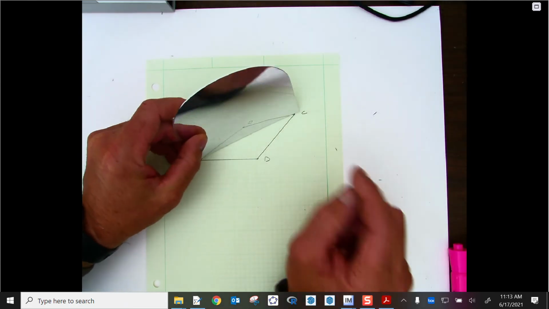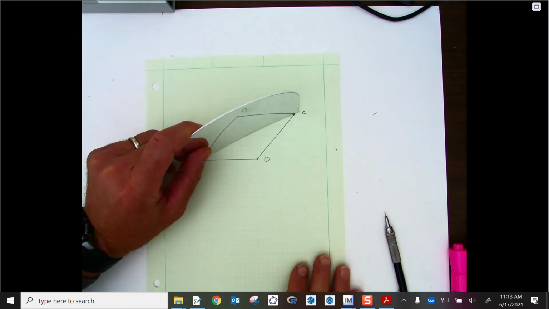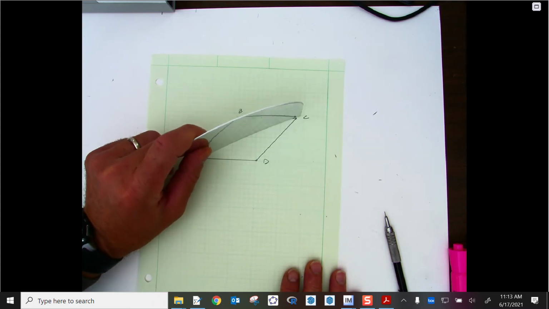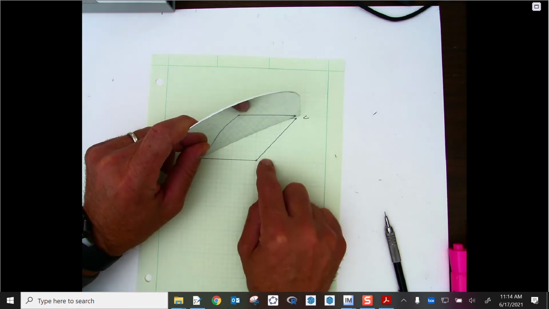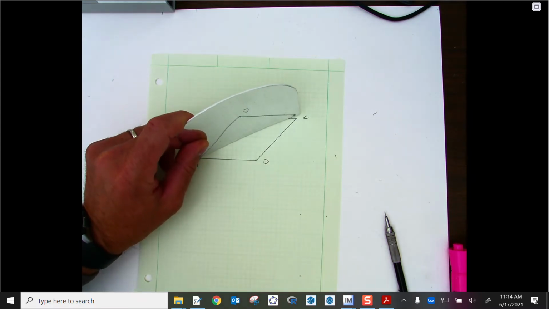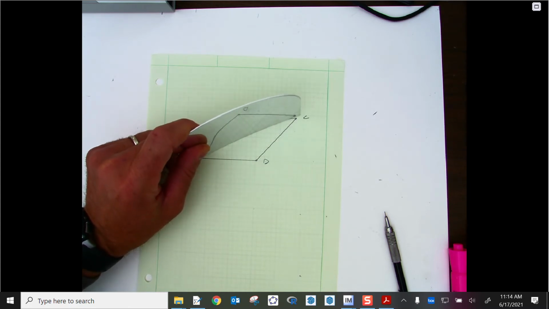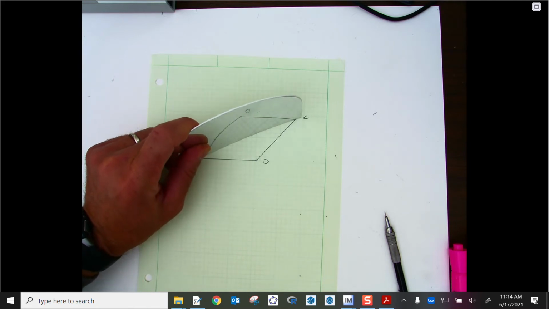If I place this here, you can peek over the other side and see that indeed this is reflecting onto itself. What's really neat is I can see the D reflected in the mirror, and of course that's reflecting onto B. There we go. So certainly that's a line of symmetry.